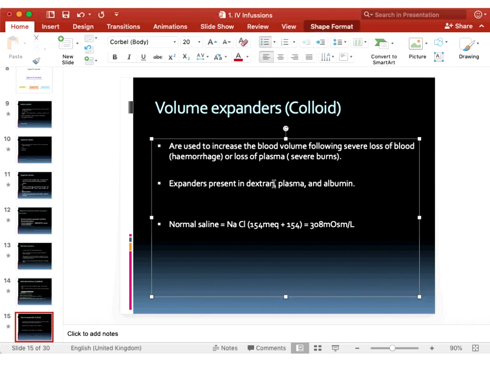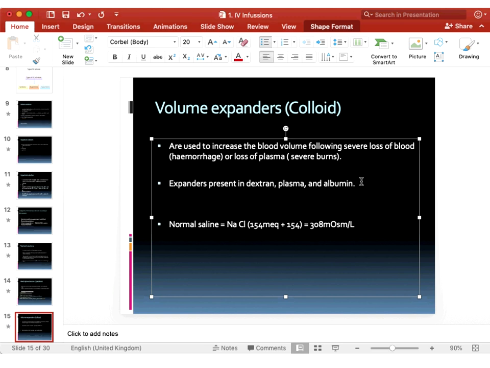So we have other volume expanders such as plasma or albumin. They are used in special situations, such as loss of blood. Then you infuse volume and you give a blood transfusion.